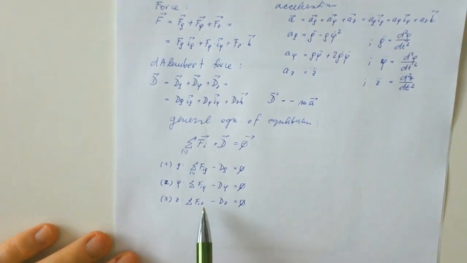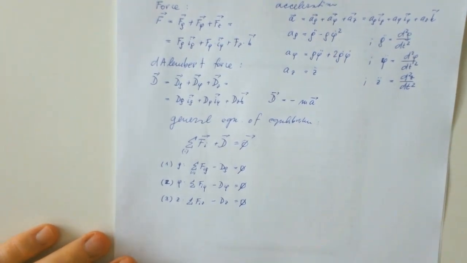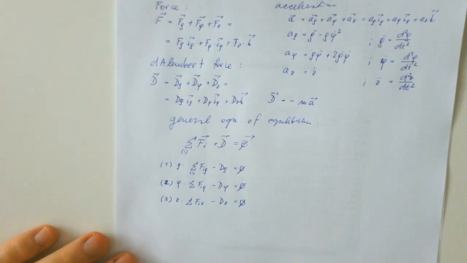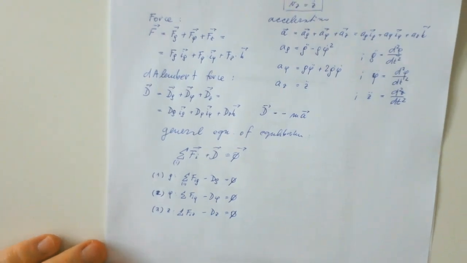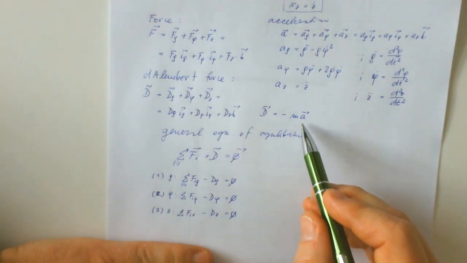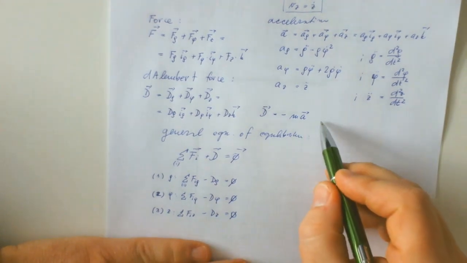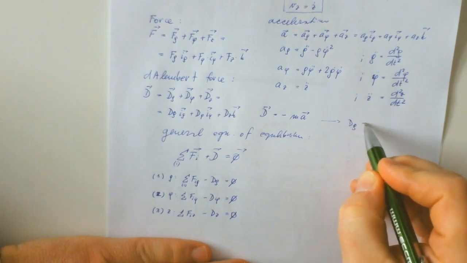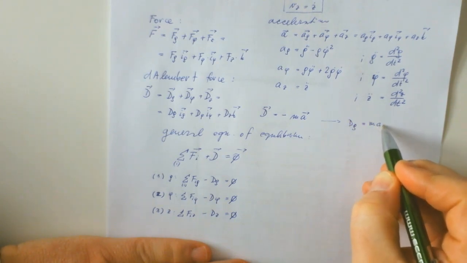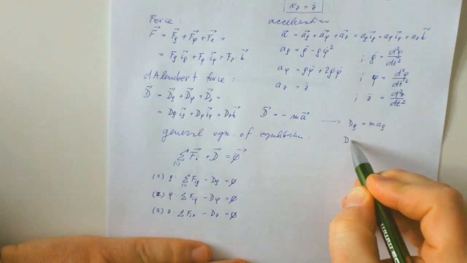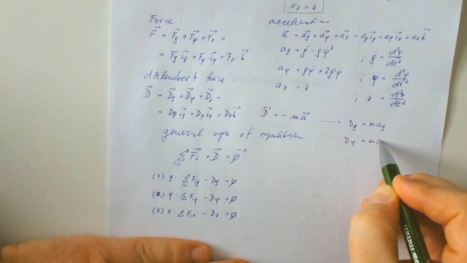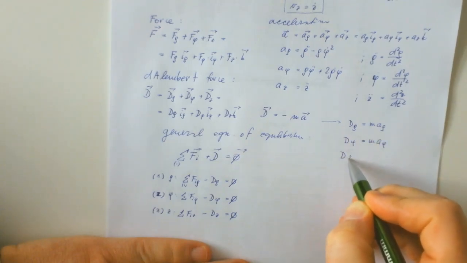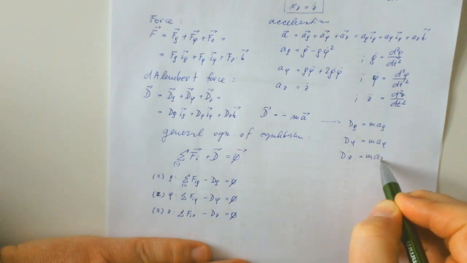So, like this. Following this definition, we can write that d rho is m by a rho, d phi is m by a phi, and dz is m by az.